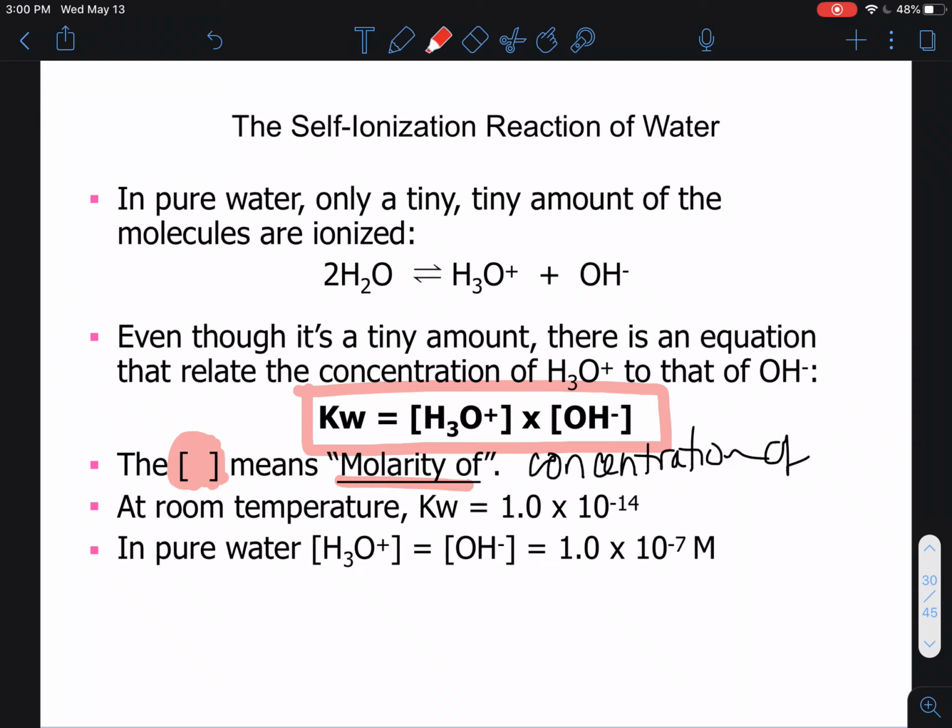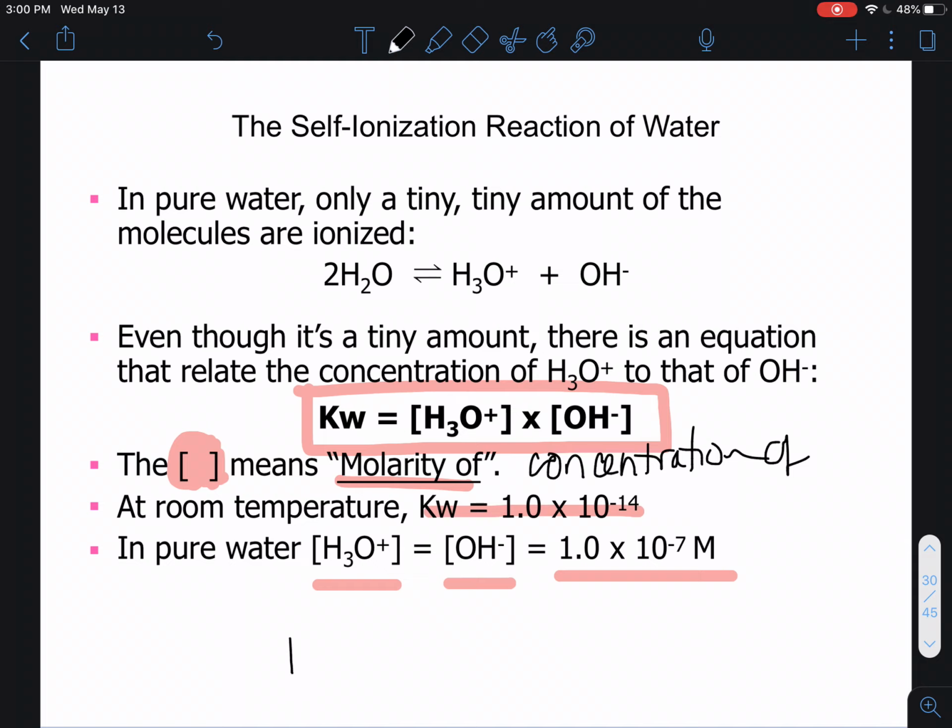So at room temperature, Kw is equal to 1.0 times 10 to the negative 14. That means that in pure water at room temperature, the concentration of H3O plus ions is equal to the concentration of OH minus ions, and that is equal to 1.00 times 10 to the negative 7 molar.